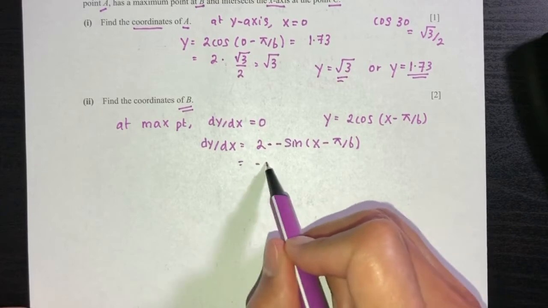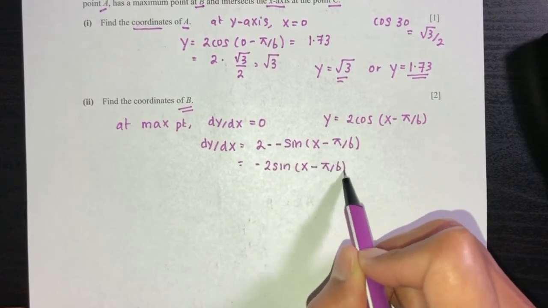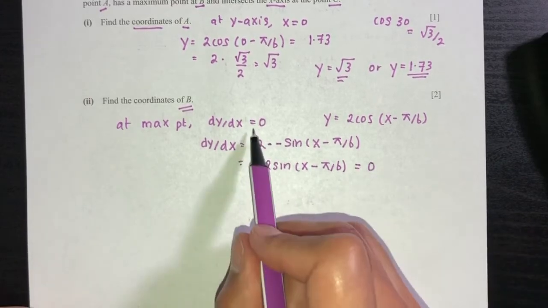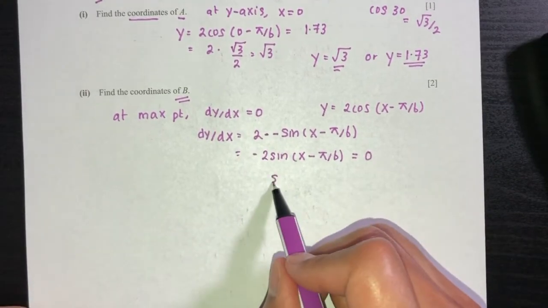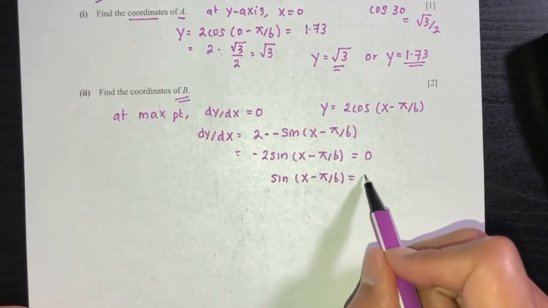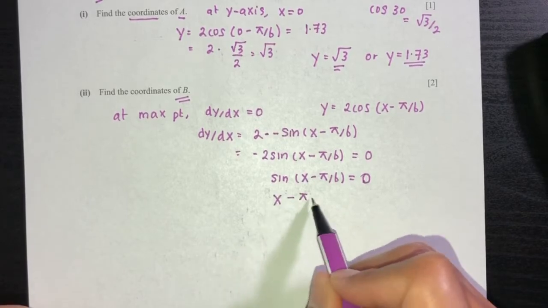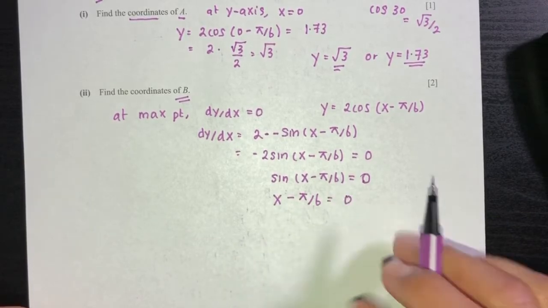That will be minus 2 sine of (x minus pi by 6) equal to 0, which means sine of (x minus pi by 6) is equal to 0.